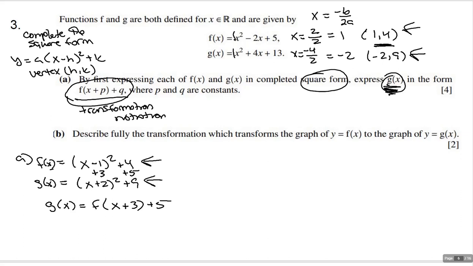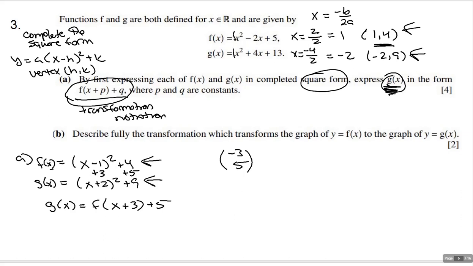It's moved to the left, but we can't use the word left. So we can use vector notation, and the 3 to the left would be a -3 on the top. And the 5 up would be a 5 here. Literally, this is the answer to part B.